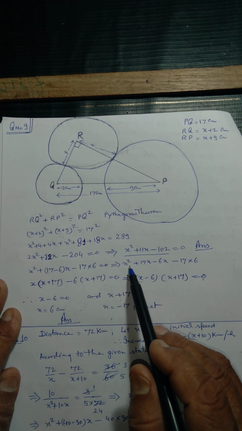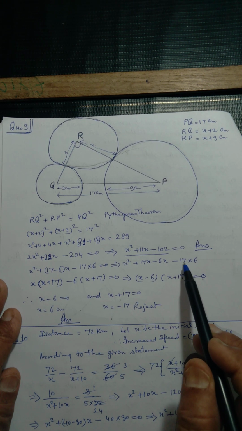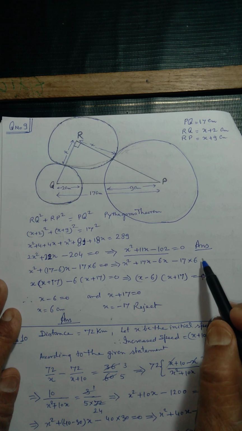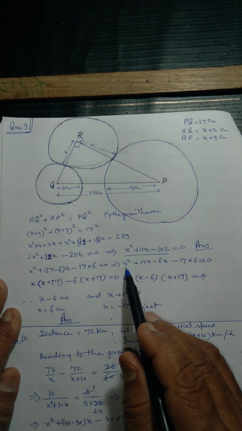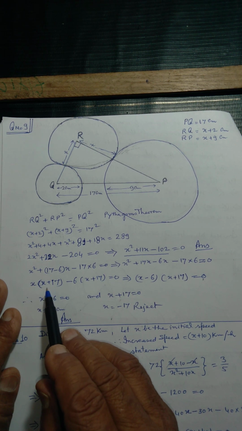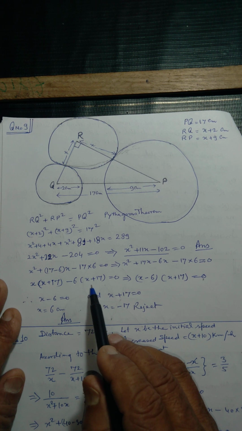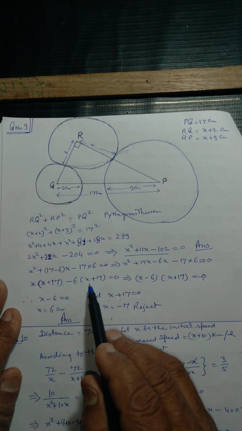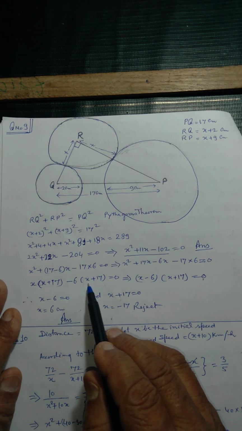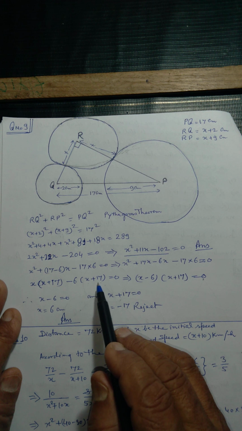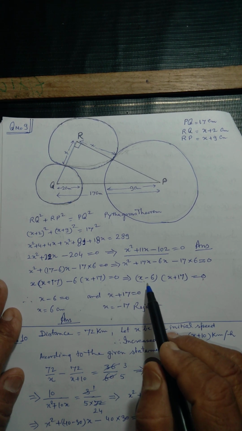Just open the bracket: x square plus 17x minus 6x minus 17 into 6 equal to 0. You take out x common from the first two terms, so inside the bracket we will get x plus 17. From the third and fourth terms you take out minus 6 common, so we are left with x plus 17 inside the bracket. Now this x plus 17 will be taken out as a common, and we are left with x minus 6.